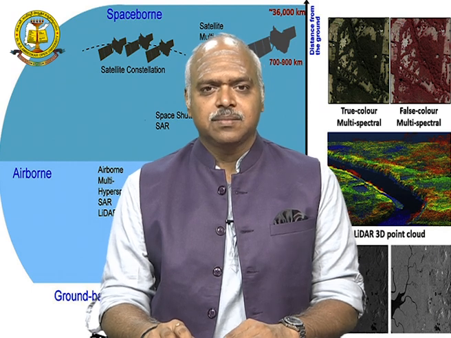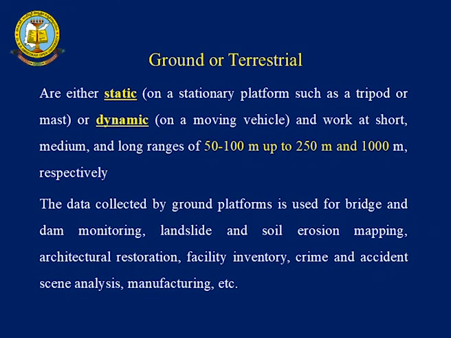These platforms can be either static, something like a tripod, on which we can have our instruments such as cameras, or they may be dynamic, in which case it is a moving vehicle. So, either the static or the dynamic will collect the information using these specialized instruments.